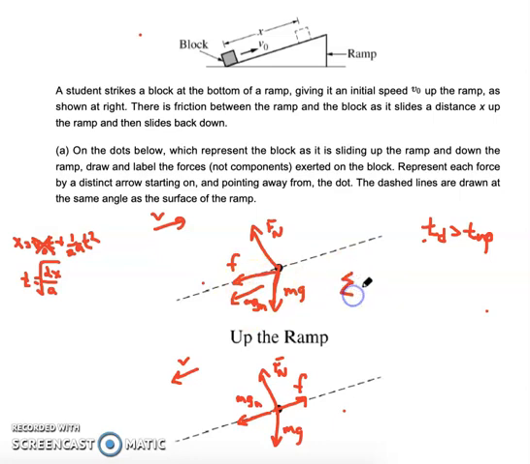And so the sum of the forces in situation A, which I'll call up, is greater than the sum of the forces on the way down. Because on the way down, gravity's parallel component is trying to accelerate it, but friction is opposing it. So the consequence is that, according to the second law, a up is greater than a down. And now we can apply that: the bigger acceleration up means less time, so the time down is greater than the time up.